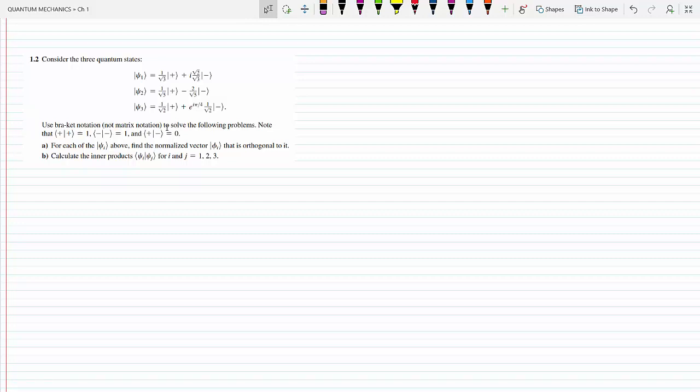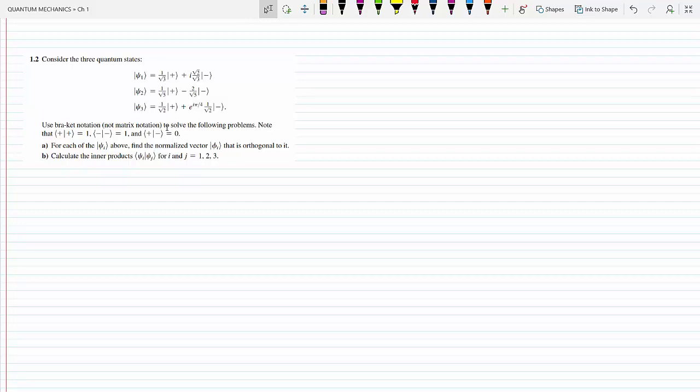So now it says for each of the psi i's above, meaning 1, 2, and 3, find the normalized vector phi i that's orthogonal to it. When a vector is normalized and orthogonal, we call that orthonormal, because wave functions tend to be orthonormal, the ones that are physically defined and meaningful.